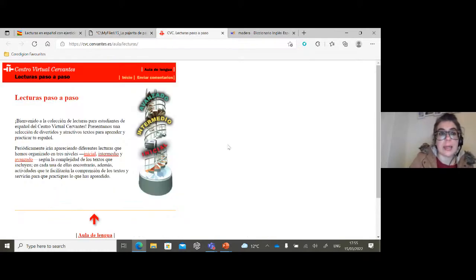If you look here again at the Cervantes Institute, you can see that you got some lecturas paso a paso. So these are graduated reading exercises, which are organized in 3 levels: inicial, so basic; intermedio, which is intermediate, which is where you want to be at the moment; and avanzado, and higher. So let's have a look at nivel intermedio.